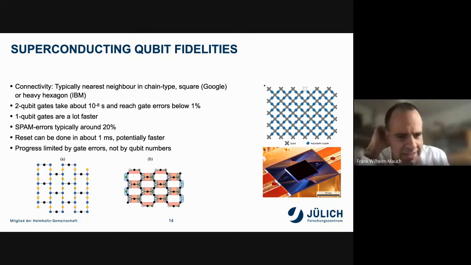And again, if you need to make a simulation, this influences the overhead your hardware-aware compilation will have. The 2-qubit gates here can be made fairly fast, and they reach gate errors of about 1%. 1-qubit gates are a lot faster, but state preparation and measurement error is reasonably substantial.